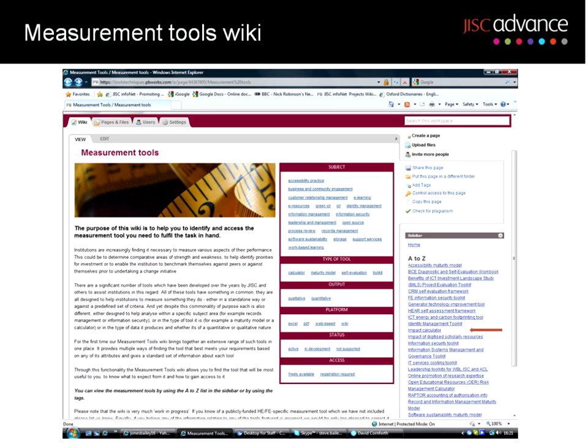What we did late last year was to gather all of these together in one place through our measurement tools wiki, which provides you with various ways of accessing the tools, working out which one is going to be of use to you, and it gives you a summary of information for each about whether it provides qualitative or quantitative information, whether it's actively supported or a legacy tool, and whether it's a maturity model or a calculator and what it does.